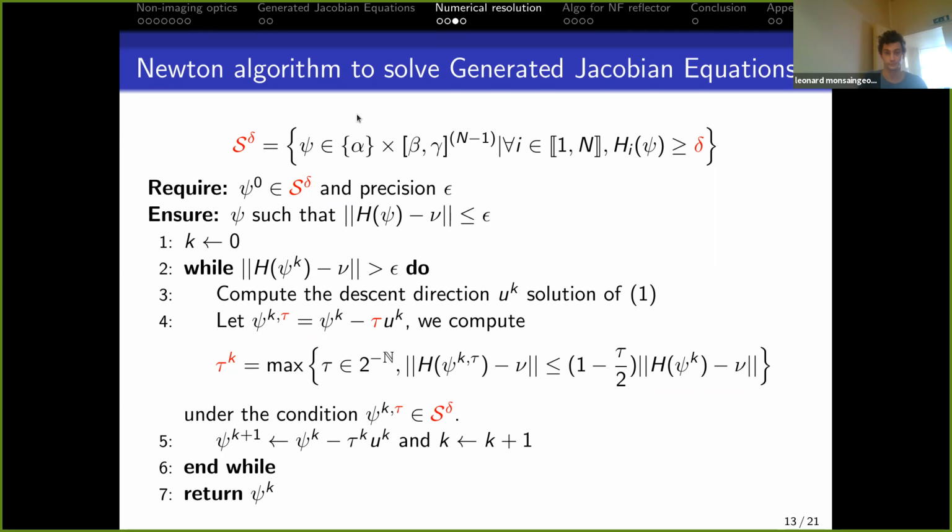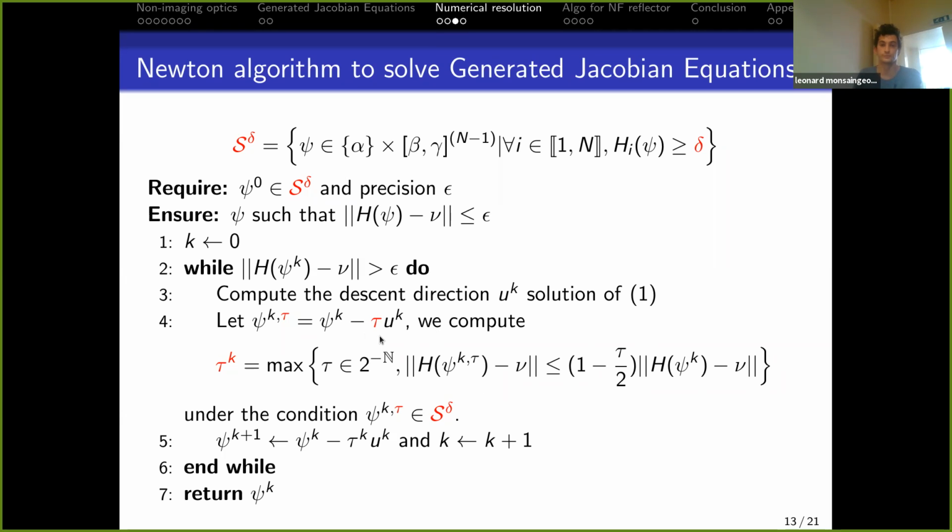And once we have that, we damp our Newton algorithm with the parameter tau, such that at each iteration we ensure that we are going in the right direction, so that our function is decreasing towards 0, and that we always stay in the admissible set, which means no cell shrinks to the empty set, or my differential would no longer be of rank n-1. It could be of rank n-2, which won't work for my algorithm. So I have this damping parameter.